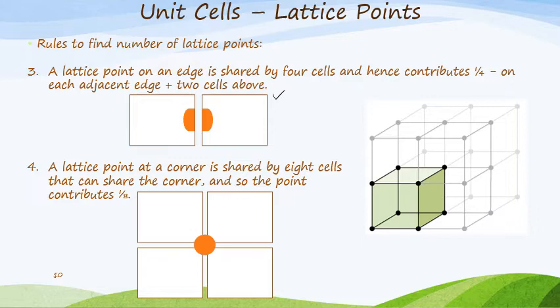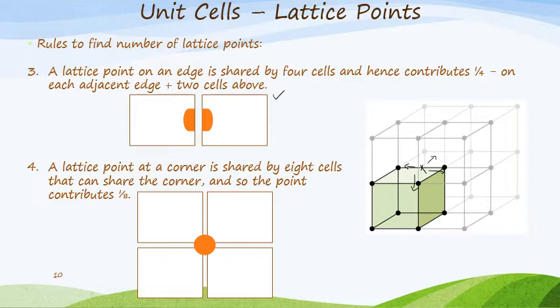Let me try to draw it here: if I had a lattice point on this edge, you would see that there are 4 cells, the one at the back, this one here, this one that it's in, and the one below it. So that's how we get the 2 cells above and 2 cells below.